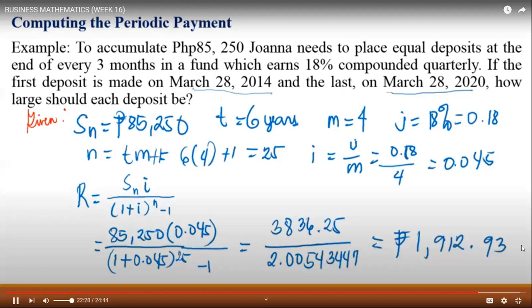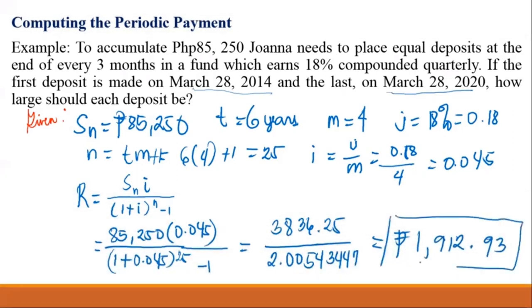Okay, so ito yung kailangan ni Joanna na i-deposit regularly, quarterly. So 4 na beses sa isang taon, magde-deposit siya ng 1,912 pesos and 93 centavos. So, ayan, that is how to compute the periodic payment of annuity.